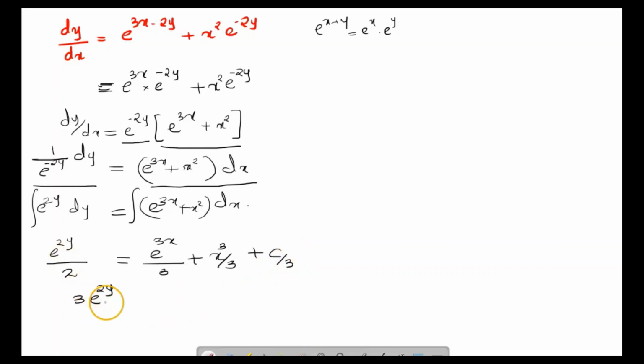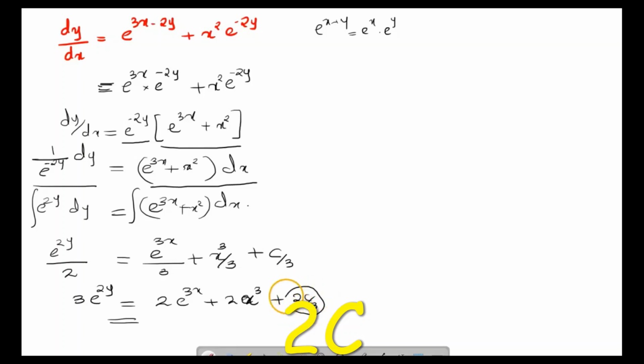Take 3 common here: 2 e raised to 3x plus 2 x cube plus 2c by 3. So this is the final form, or we can take 2c by 3 as the constant c dash.